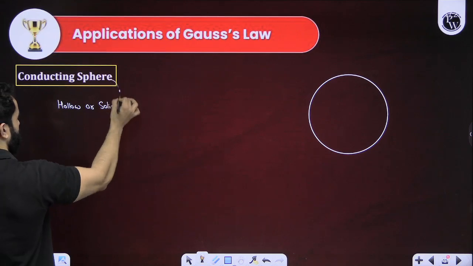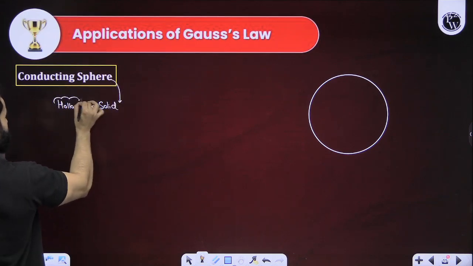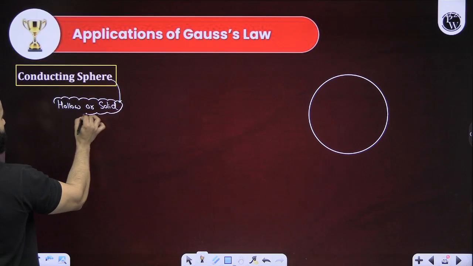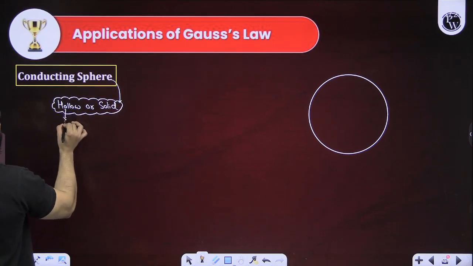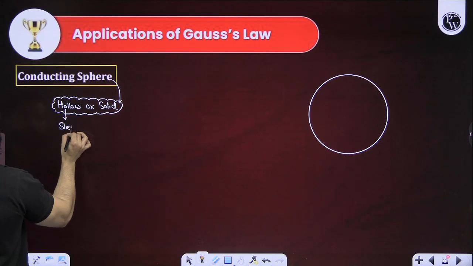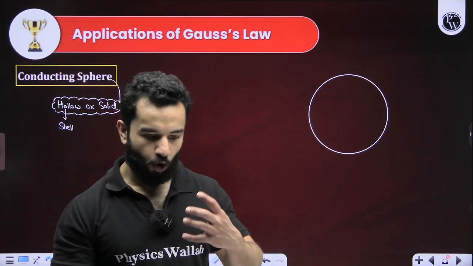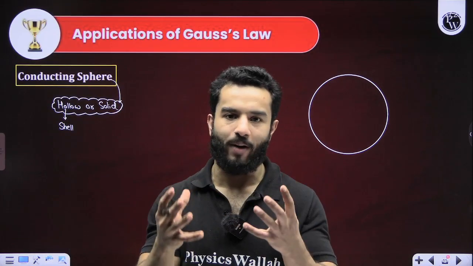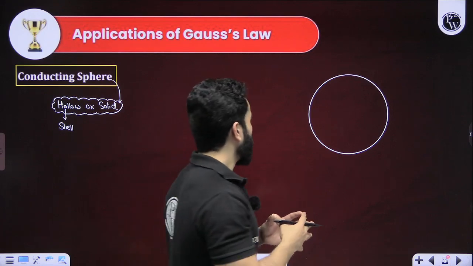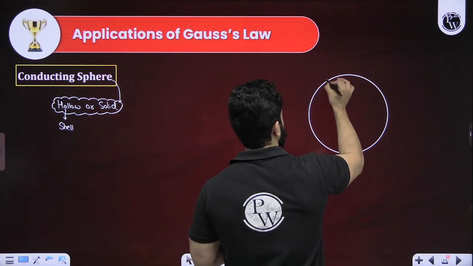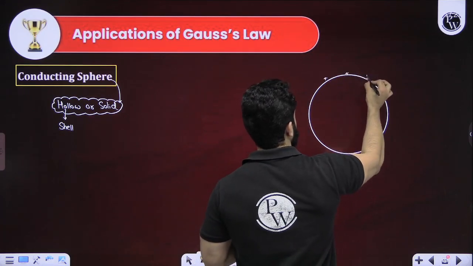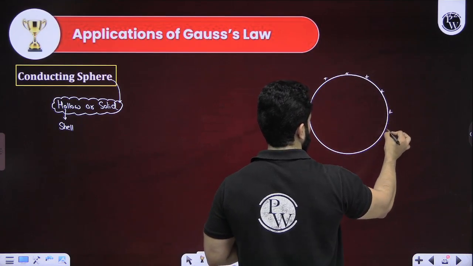If it is a conducting sphere, then they mean basically the same thing. Hollow sphere basically means hollow sphere, or you can call it also a shell, conducting shell. It means that even if it is a hollow sphere, basically inside there is no matter. So the charge will only reside on the surface of the sphere.